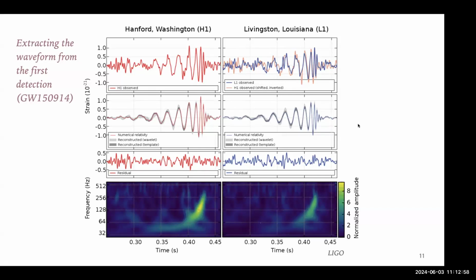You've also got models, which I will explain more about in a minute, for both the burst, or unmodeled, way of looking, which is the wavelet approach, and the template. The point being, you get this data and you need to somehow make it look like a waveform in order to figure out what parameters led to it. That's what's happening in this second panel. Then you can subtract that template from the data and you get a residual. If that residual looks like noise, then this is the time-frequency plots for those.